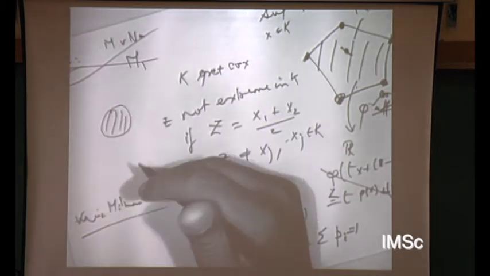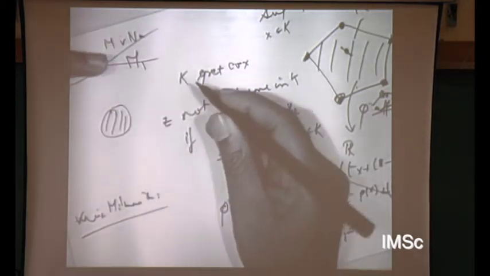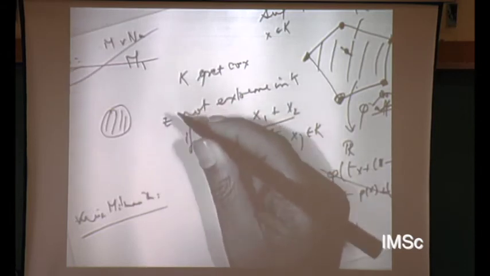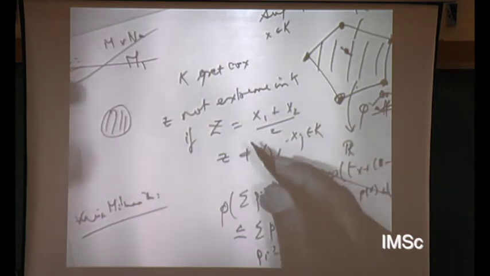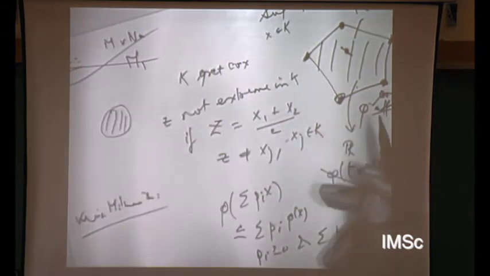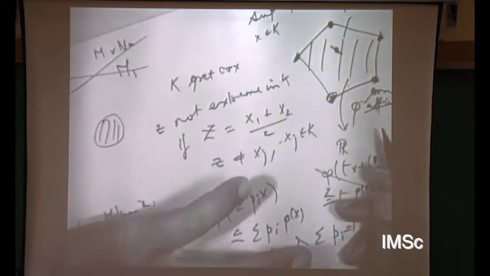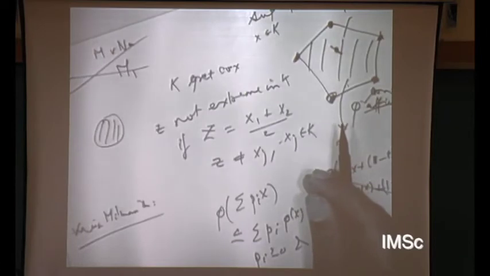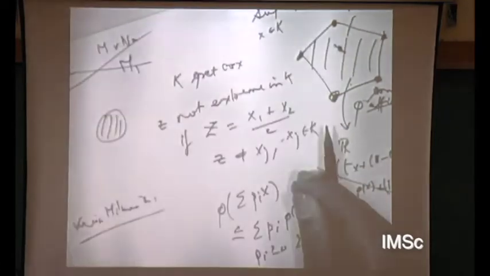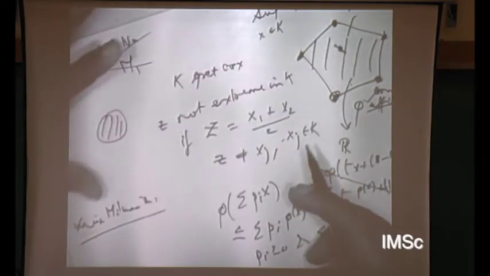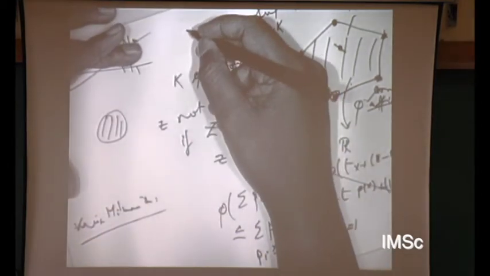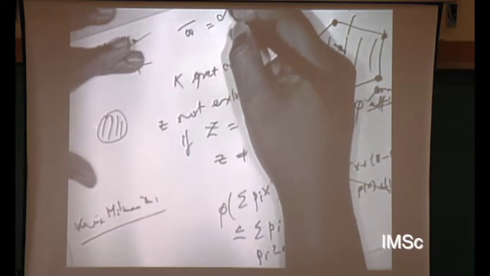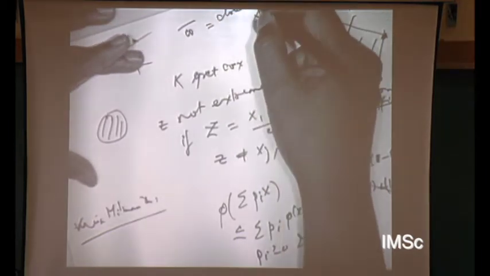So the right thing to do is to take the closed convex hull. By a convex hull of a set, you mean the smallest set containing all convex combinations of points in that set. The closed convex hull is the smallest closed convex set which contains all those points. So let us denote that by this symbol.